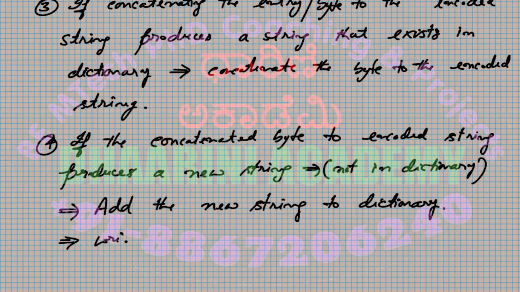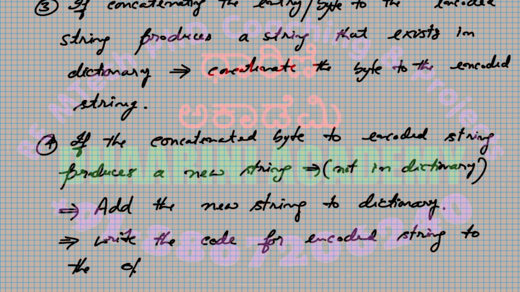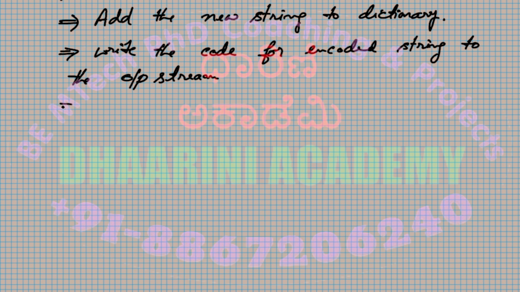We have to write the code for the encoded string to the output string. Once that is done, it has another subpart. Set this encoded string equal to the new byte.